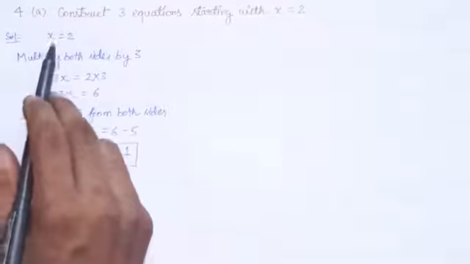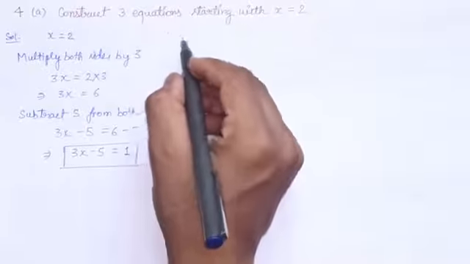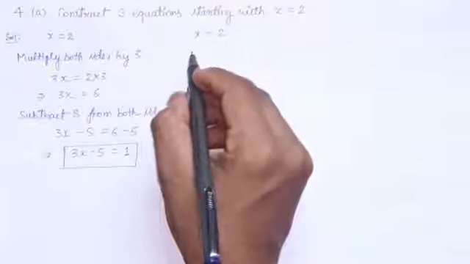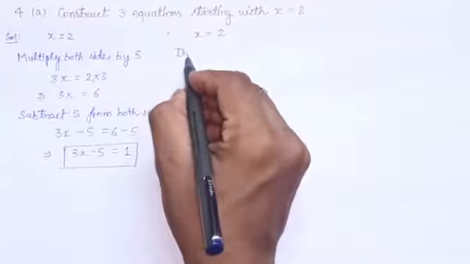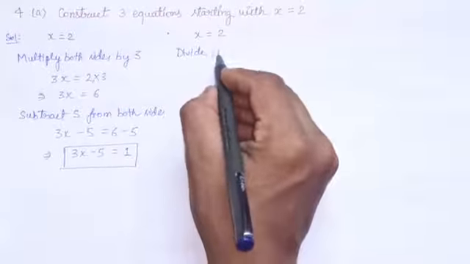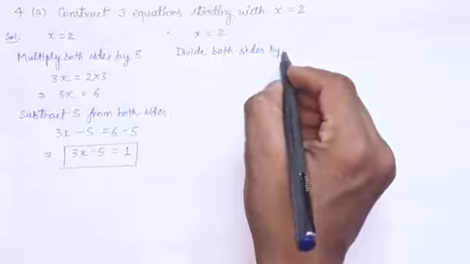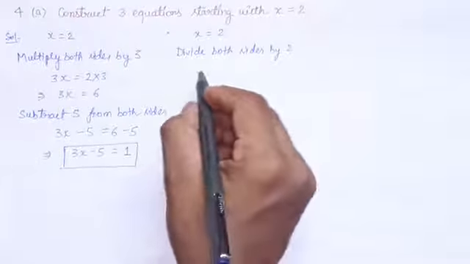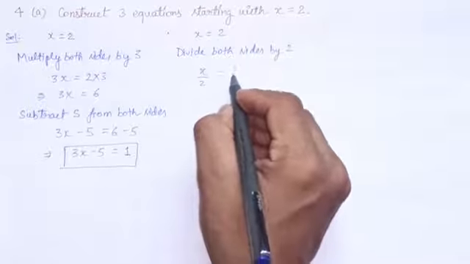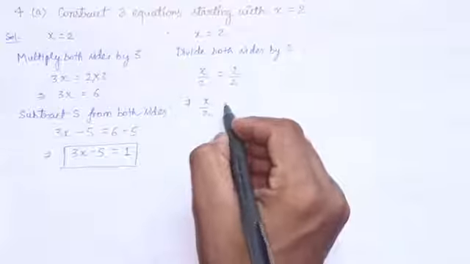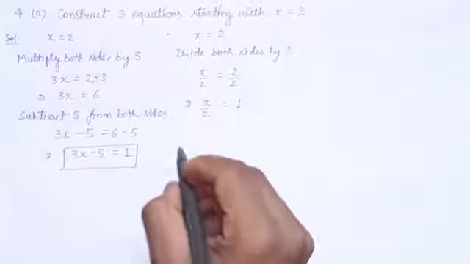Let us make 2 more equations with x equals 2. So again we are given x equals 2. Now divide both sides by 2. So what do we get? x by 2 equals 2 by 2. It implies that x by 2 equals 1.